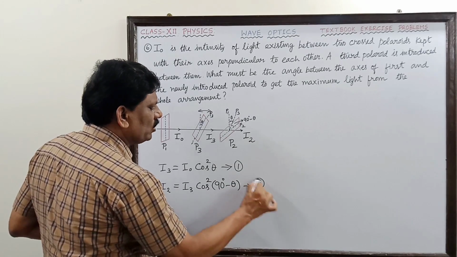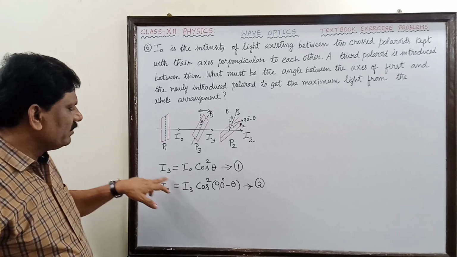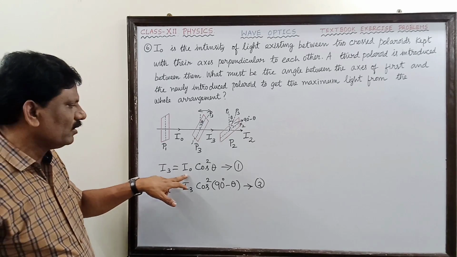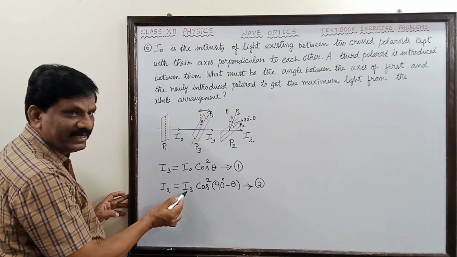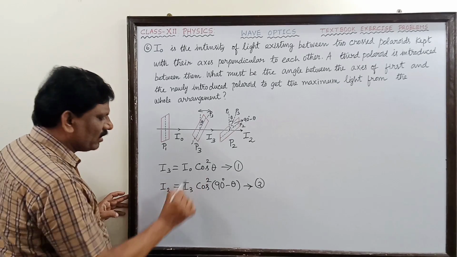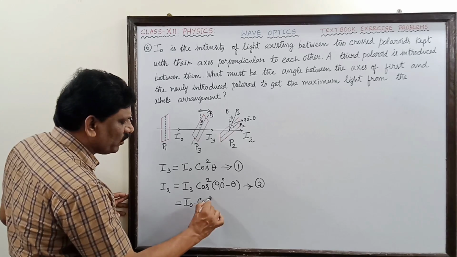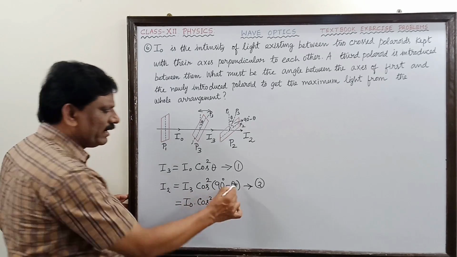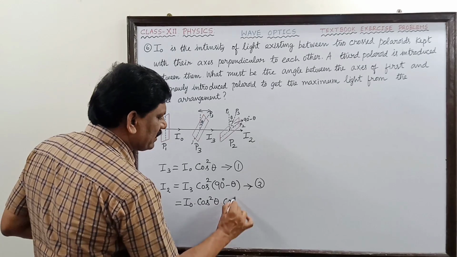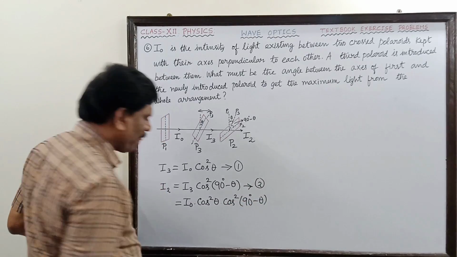So these are the two basic equations. Now instead of I3, we substitute I0 cos square theta. So I2 is equal to I0 into cos square theta into cos square of 90 minus theta.